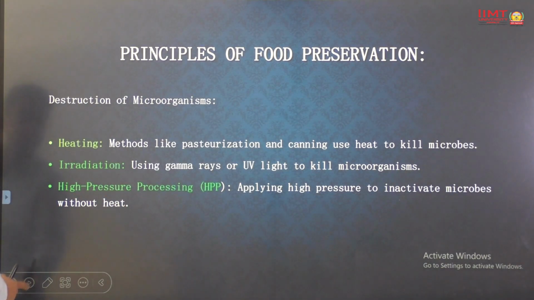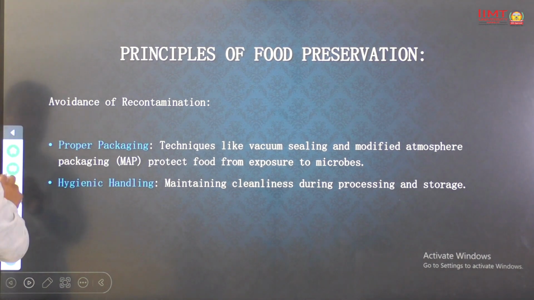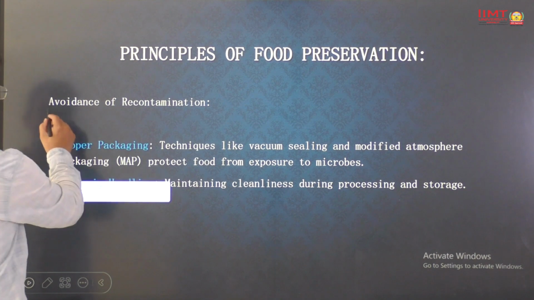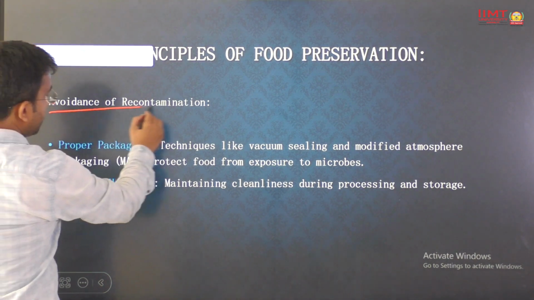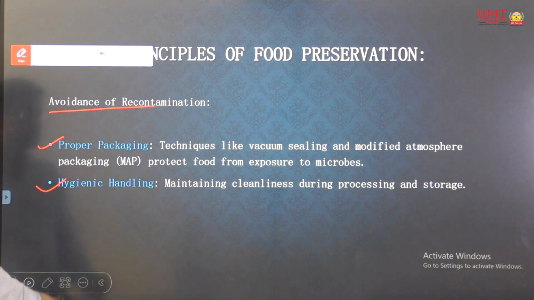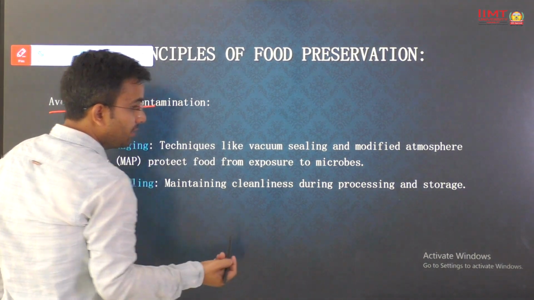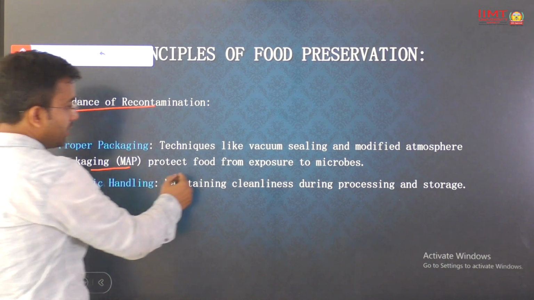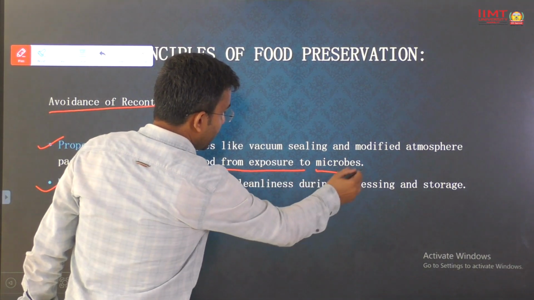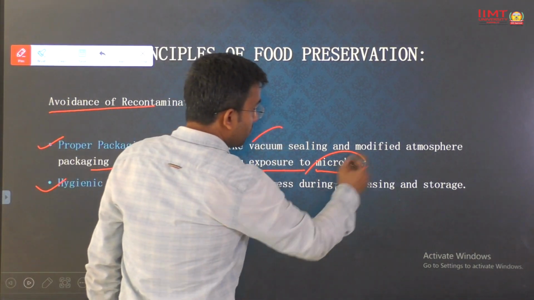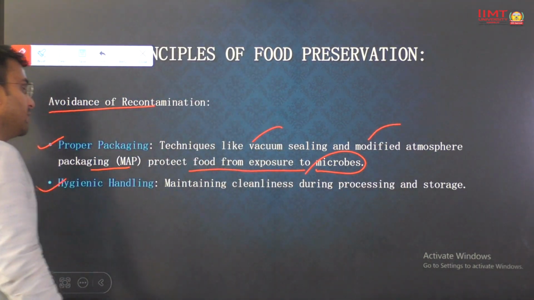And third is avoiding the recontamination. Avoiding the recontamination means proper packaging and hygienic handling. In proper packaging we now have a number of techniques in food packaging, like MAP, to protect the food from exposure to microbes. In these techniques we use vacuum sealing and modified atmospheric packaging, which is known as MAP.